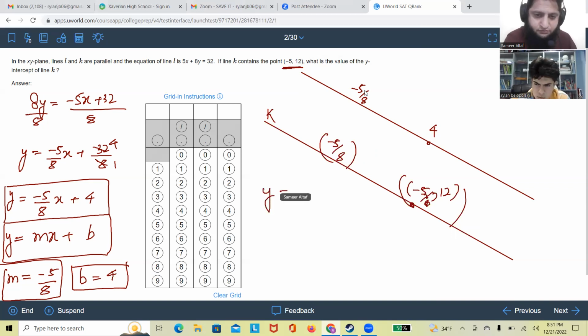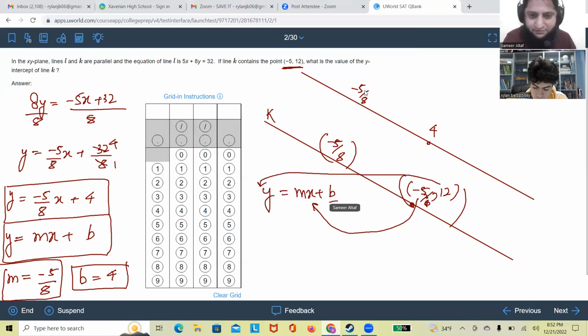Y equals mx plus b. Great. How much is m? Negative 5/8, right? And don't you have one point given, negative 5 and 12? So why not plug in x as negative 5 and y as 12 to get the b?